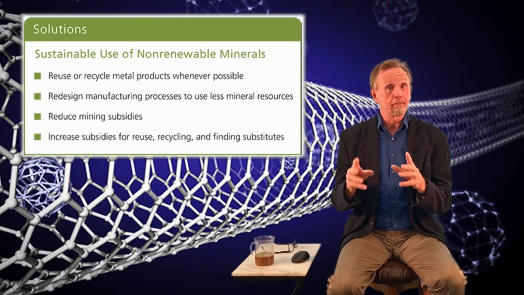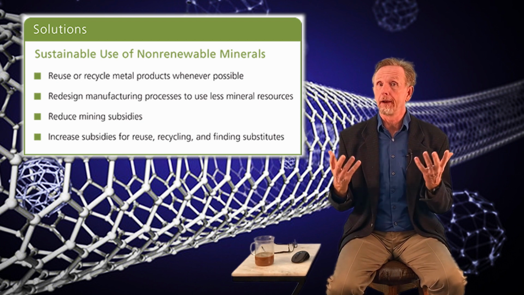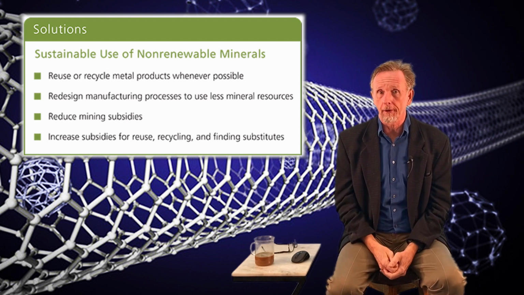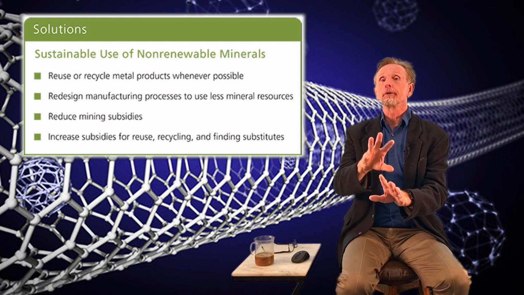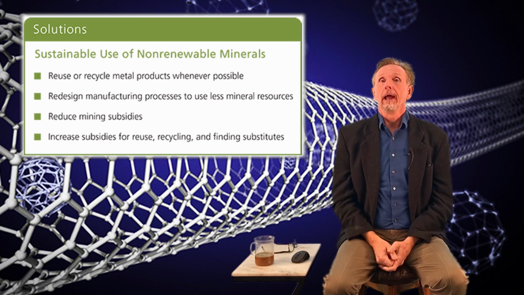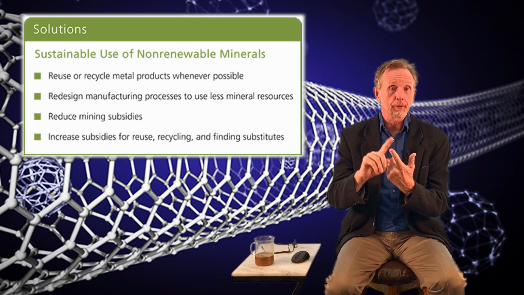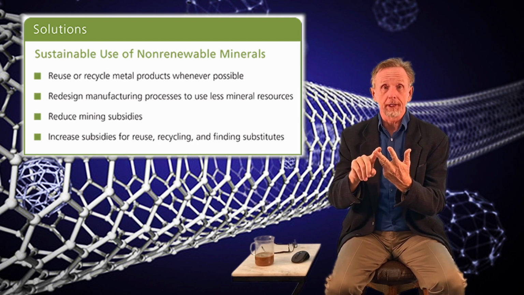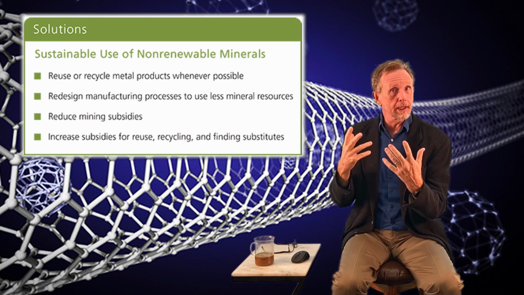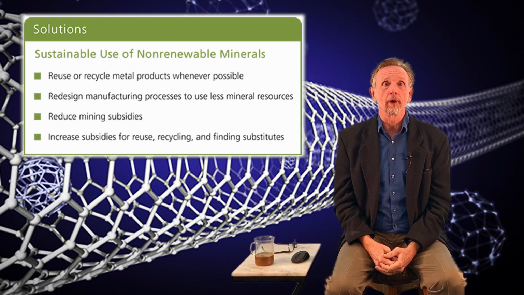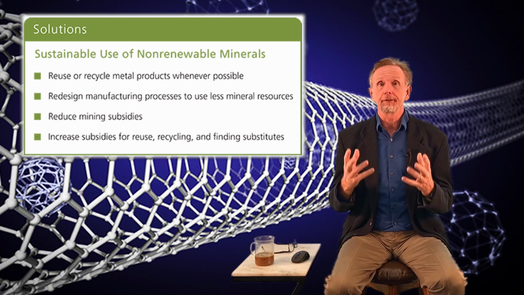They're going to find better ways to do it if they don't have subsidies just covering a lot of their costs. And we need to turn those subsidies around and pay them towards companies who are doing more in the way of reuse. If you have a higher rate of recycling, you get a benefit for it, and companies that are finding substitutes.